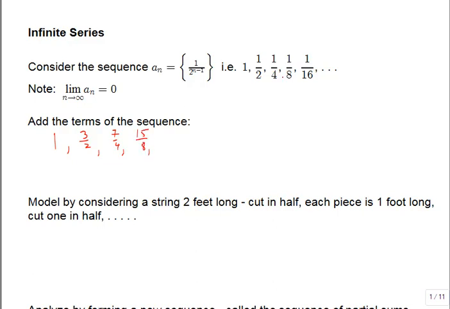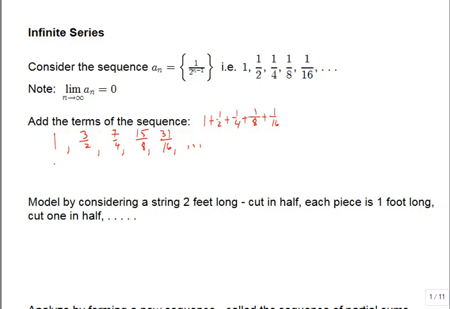And then we're going to add the first five terms together, so 1 plus a half plus a fourth plus an eighth plus a 16th, and that gives us 31 sixteenths and so forth. So you continue this process, creating a new sequence of what we call partial sums.